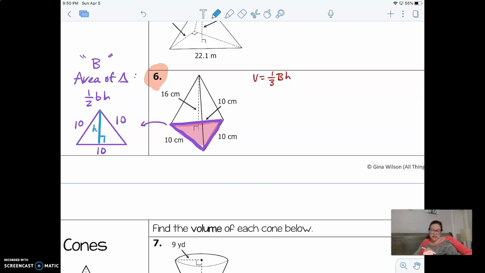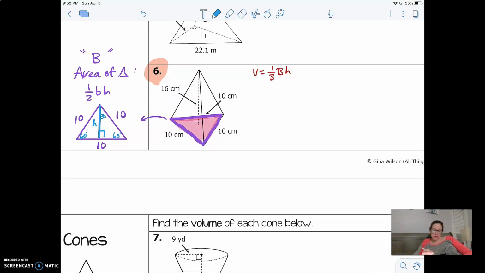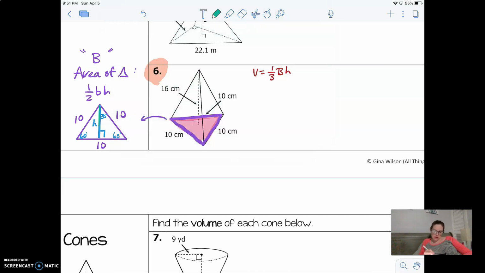All the angles are 60, which means when I draw in the height, I'm cutting that in half, which is 30. So then you have, that's right, a 30, 60, 90 triangle here, which you should know all of those rules already. So if that whole bottom is 10, that's my base of the triangle.